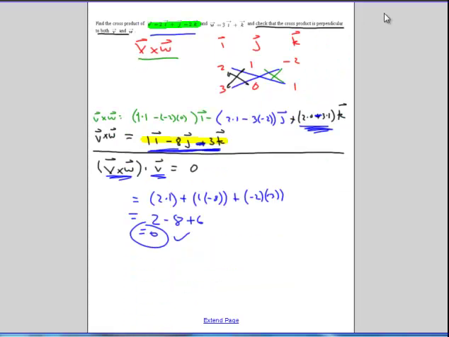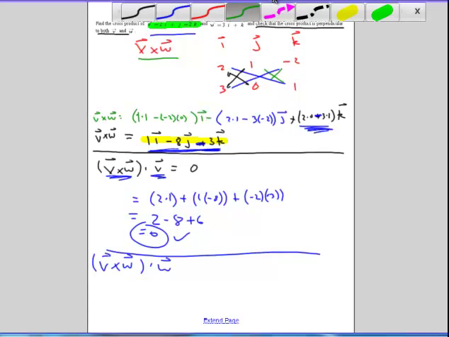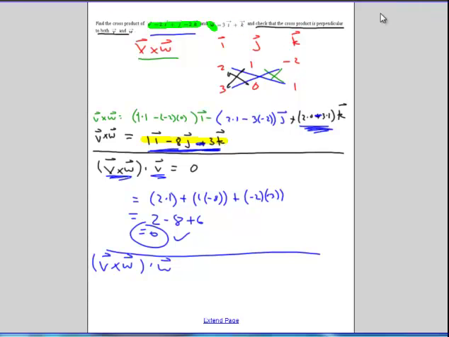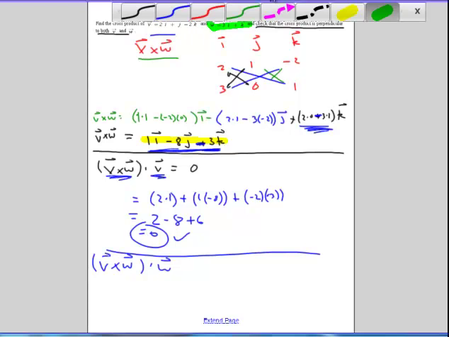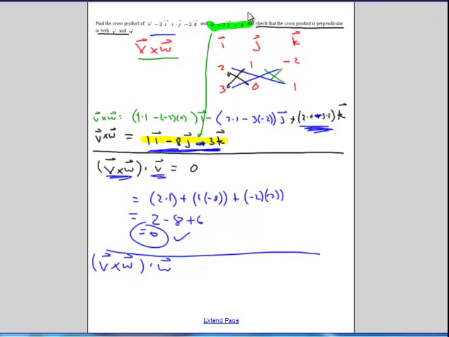And now let's look at v cross w dot w. So now we're looking at w with v cross w.